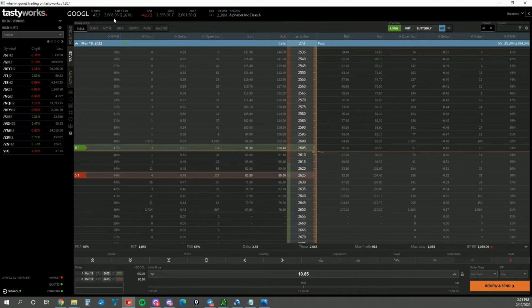We are right here. The price of Google right now is $2,608, and you're selecting the 2,605 strike. And the movement of the stock, this is another thing that options platforms are doing for you sort of free.